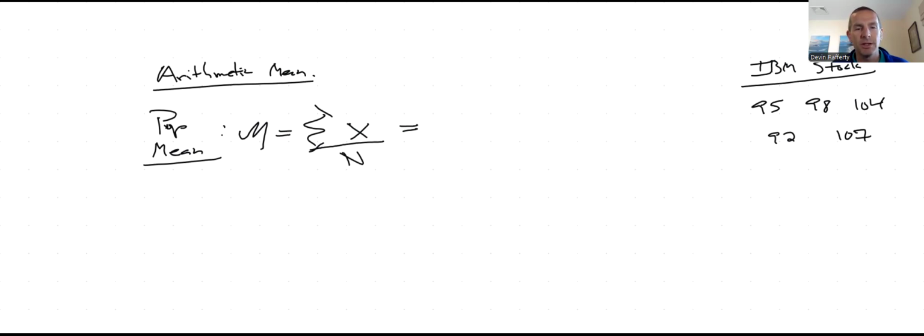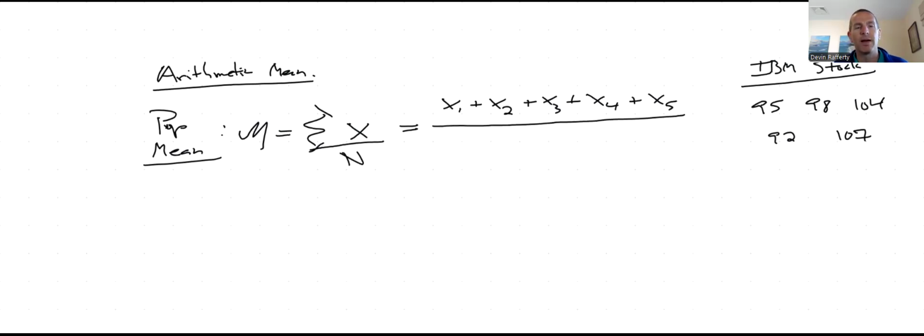It just means do x1 plus x2 plus x3 plus x4 plus x5 divided by the number of observations in the population. How many observations? 1, 2, 3, 4, 5, divided by 5.